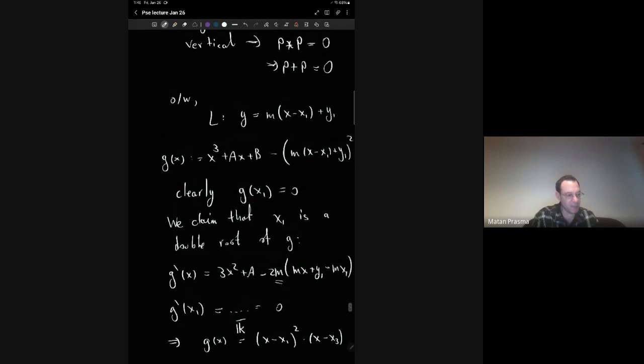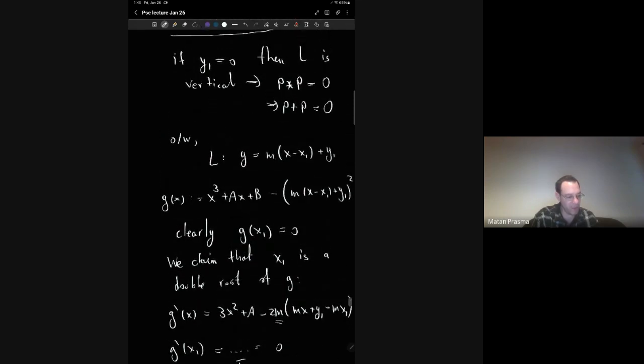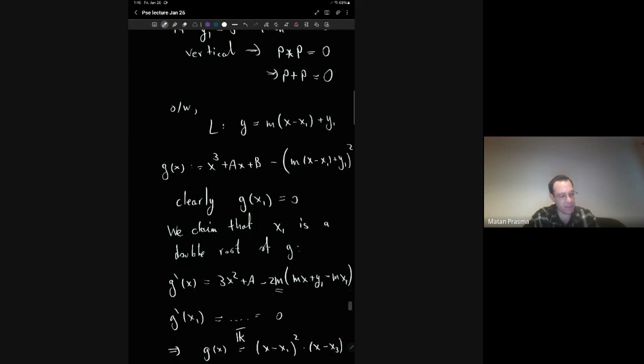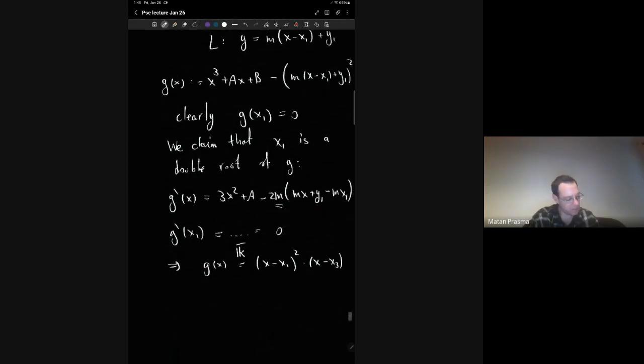Which means that the coefficient of x squared, which is minus m squared, must be equal to minus the sum of all the roots, that is x1 plus x1 plus x3.